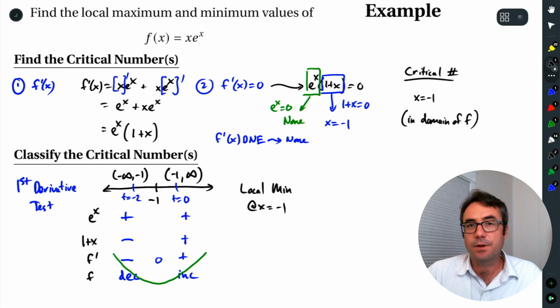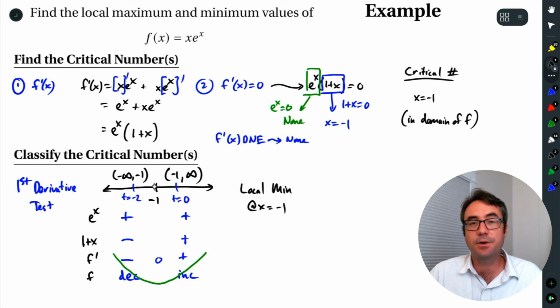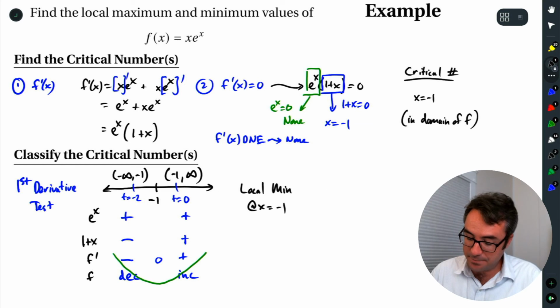Now, we only found one critical number, though. And our interval is everything from -infinity to +infinity. So on that entire number line, we only found one critical number, and our function's continuous. So not only is this a local min, this is actually an absolute min.